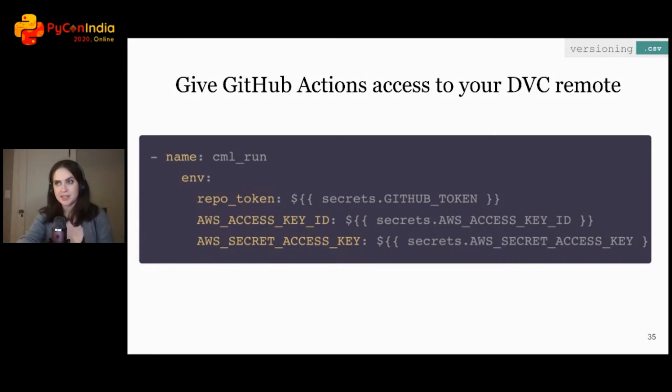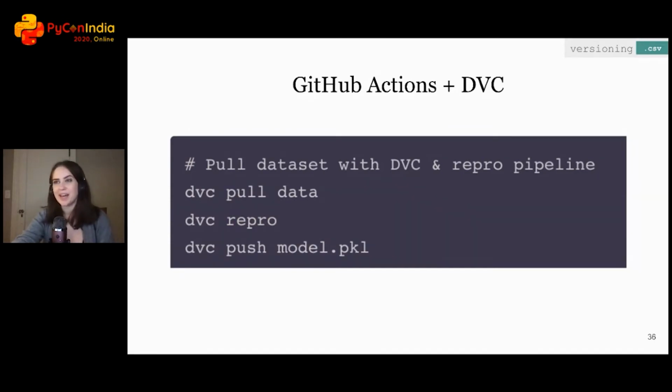So something that we did in CML was that we created a way to give GitHub Actions access to your DVC remote, and that's your cloud storage. That's where DVC tracked files reside. So you can pass some credentials to your GitHub action, and then that means that the machine that is running these tests automatically can pull your data set from cloud storage, do some transformations on it, some modeling, whatever workflow you want, and then, maybe if you created a model at the end of that, push that model back into your cloud storage.